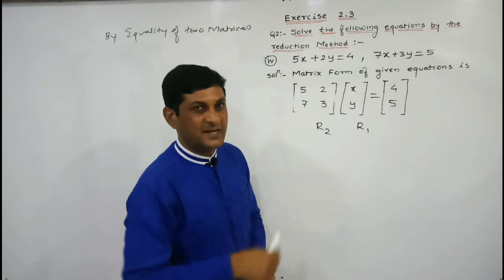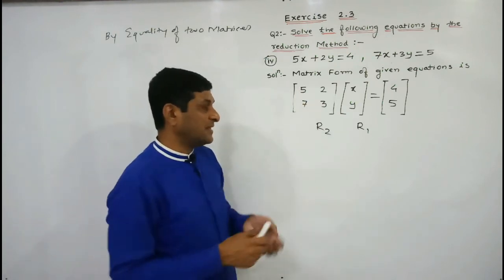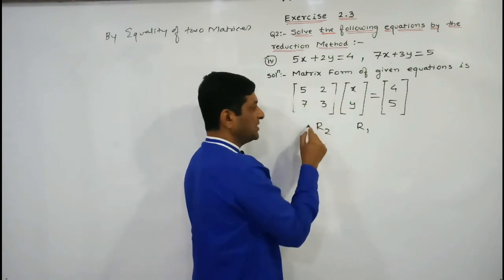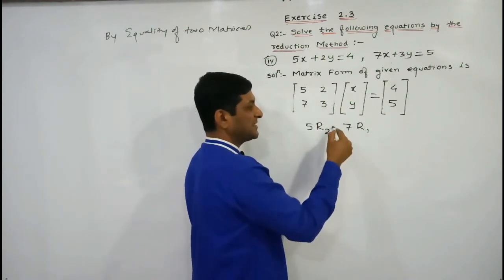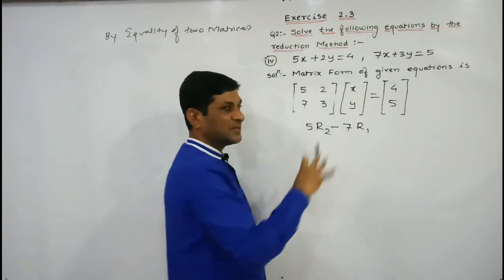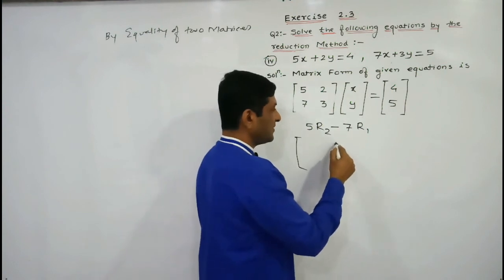That's why we are finding the LCM. So 35 is the LCM of 5 and 7. To get 35 here we multiply by 5, and to get 35 here I am multiplying by 7, and later on 35 minus 35 will become 0. So let us perform this operation on the elements of R2.